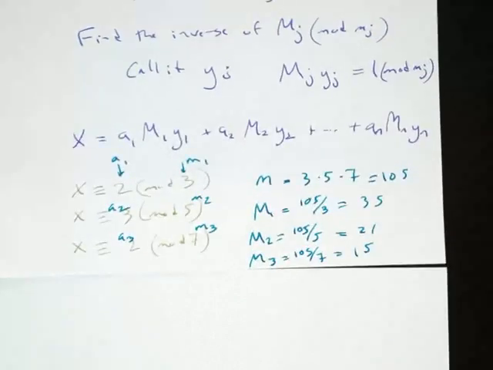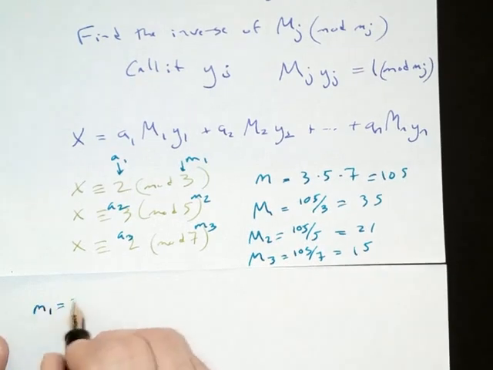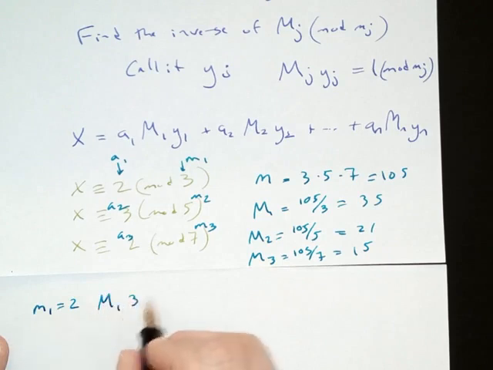Okay, notice the step right at the top of the screen. The step says, I want to find the inverse of that number, capital M1, mod little m1. So, little m1 is 3, capital M1 is 35.